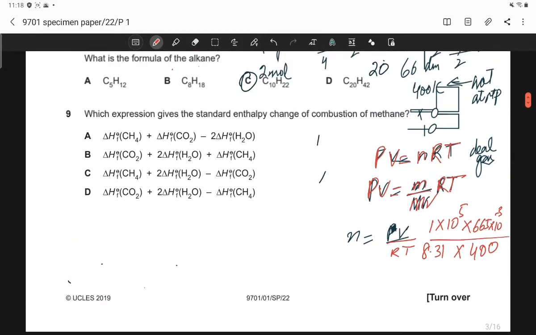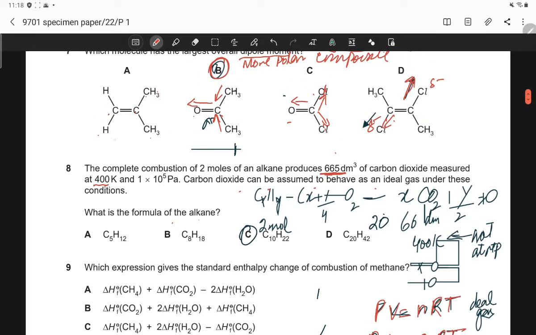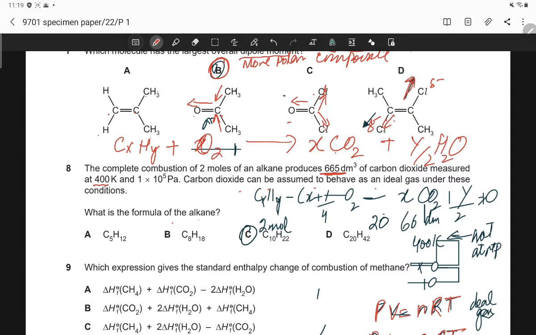So we write down CxHy plus (x plus y over 4) O2 gives x CO2 plus y over 2 H2O.